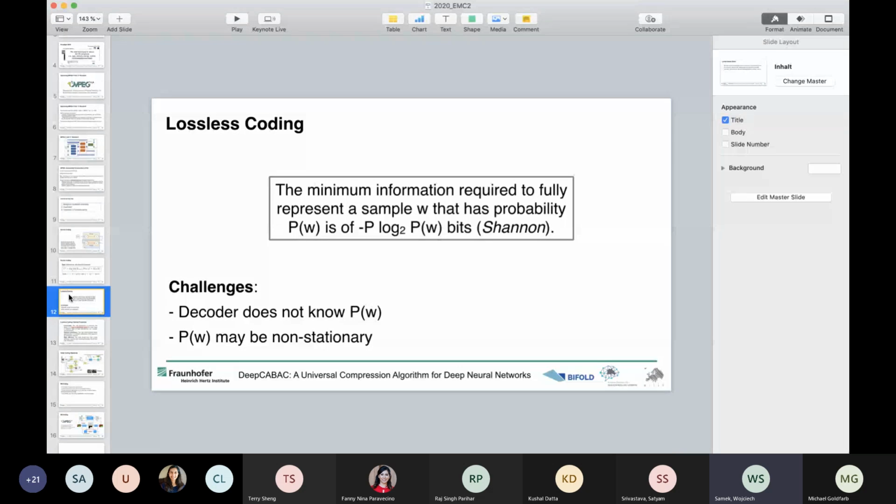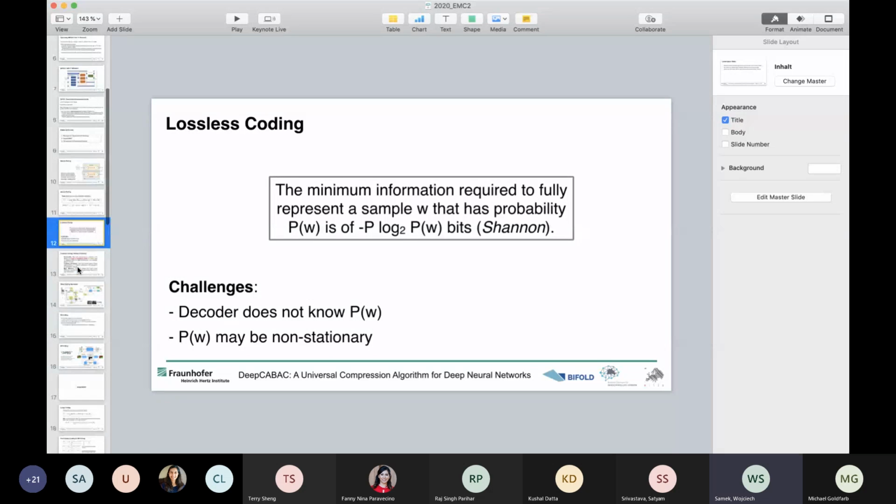But in practice, the problem occurs that the decoder doesn't know the probability of your signal source, and also it may change. It may not be stable. Therefore, although you have a theoretical measure of how to optimally compress, in practice it's often difficult to achieve this compression strength.